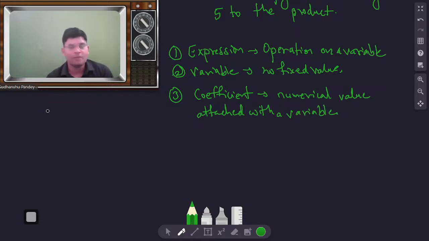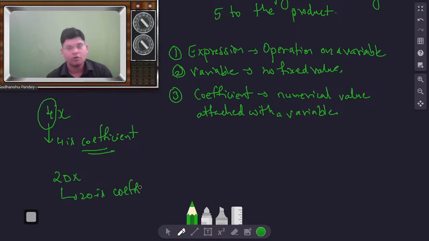For example, if I am writing 4x, what is the numerical value with the variable? 4. So 4 is known as the coefficient. Alright, suppose I write 20x. So what is the coefficient? 20 is the coefficient. Alright.